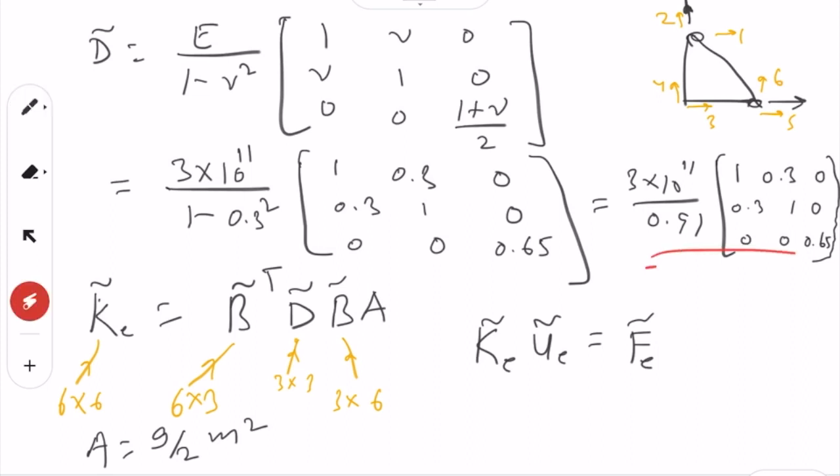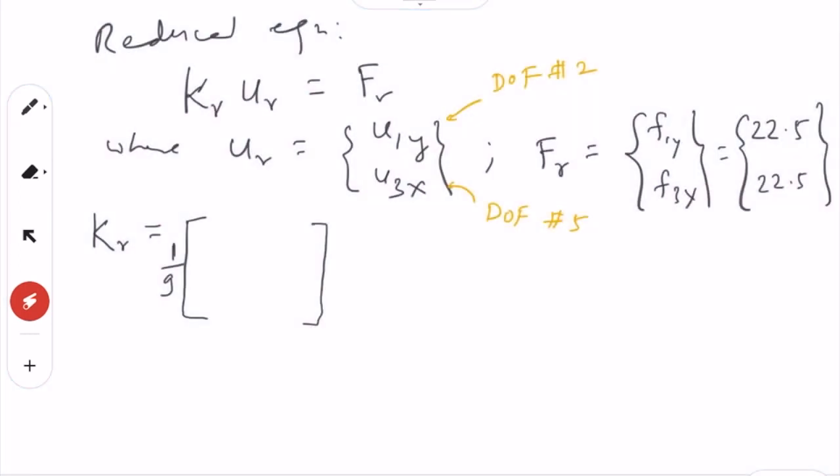Okay, so now this one we can have there. So we are writing D here.